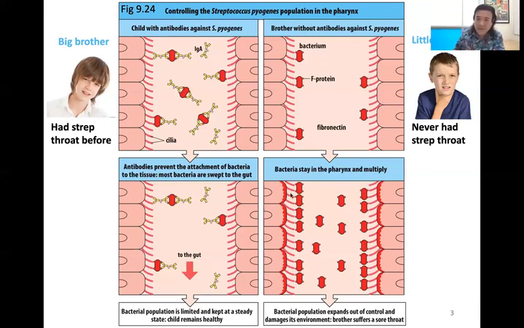Importantly, now little brother, because he beat the strep throat, he will be like big brother, right? Next time they are exposed, like a different cousin comes over and sneezes and spits on them with strep throat, they both now have memory.